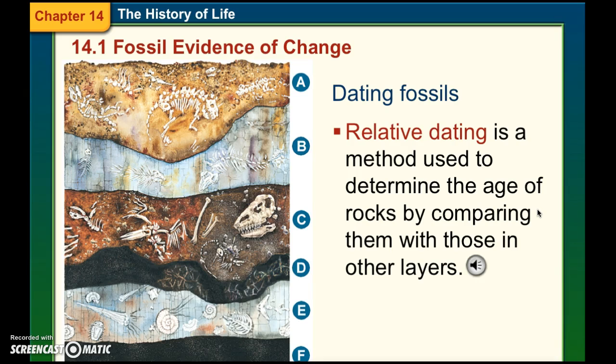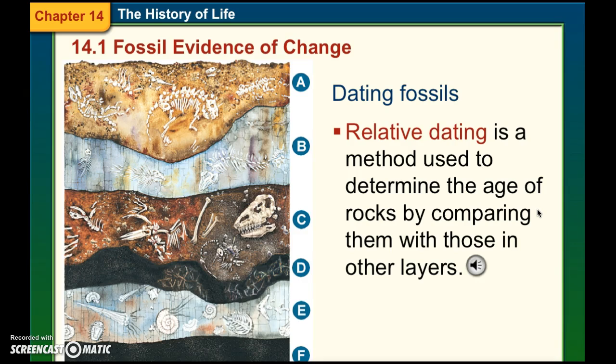There are two different ways that you can figure out how old fossils are. You can use a process called relative dating, where you basically figure out that the upper layers are the youngest and the inner layers are the oldest. So it's all relative to the layers that are above and below it. It's not exact.